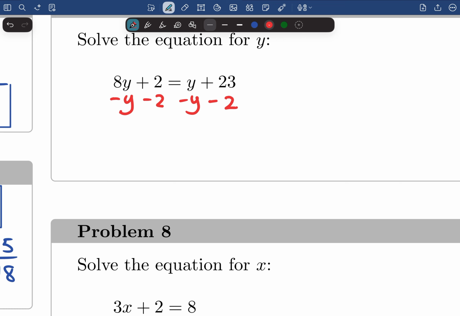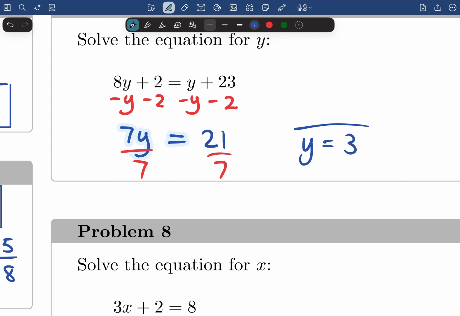This makes it so I've got the variable values on the left and the constants on the right. So 8y minus 1y is 7y. And 23 minus 2 is 21. And I can now divide 7 from left to right, and I find out y equals 3.